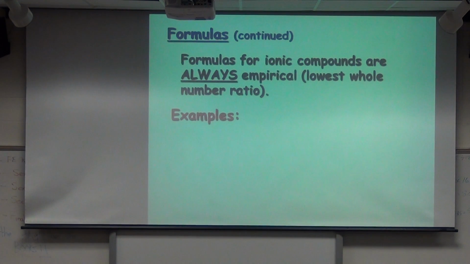A couple of examples: sodium chloride, 1-to-1 ratio; magnesium chloride, 2-to-1 ratio; aluminum sulfate, 3 sulfate ions for every 2 aluminum atoms. But still, there's no way that we can simplify those subscripts down to smaller numbers without going into fractions, and we don't want fractions.